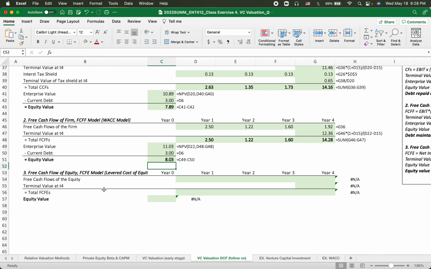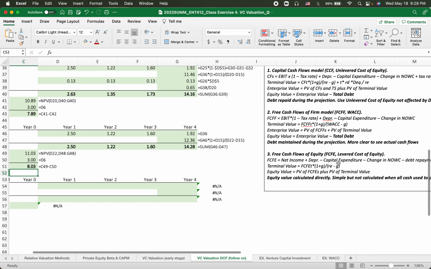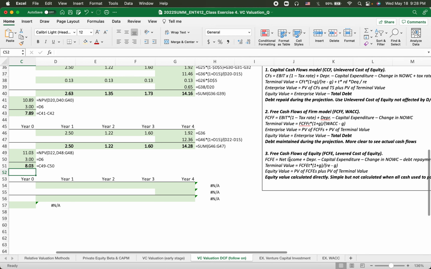Now finally, the free cash flow of equity model, the FCFE model, using the levered cost of equity. Unlike the two free cash flow of the firm models, we use just the net income for the cash flows. Why? Because what we want to calculate is equity value directly.